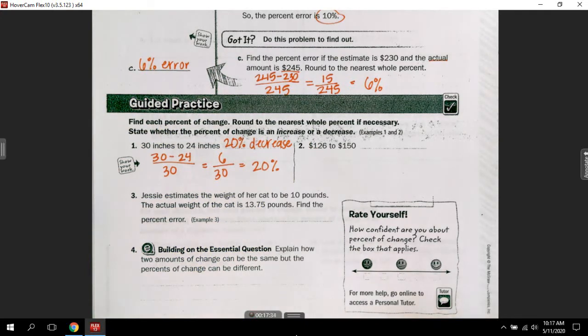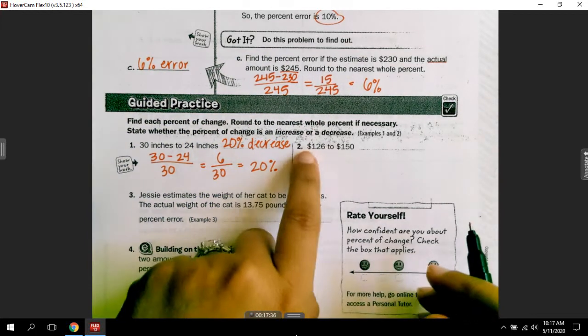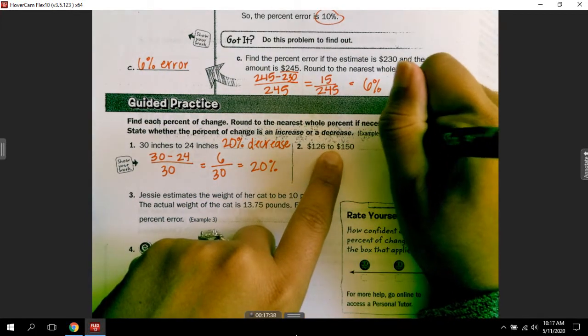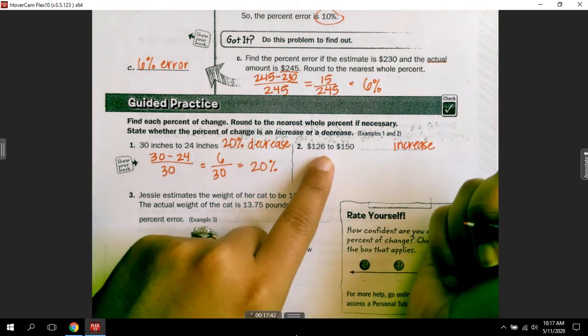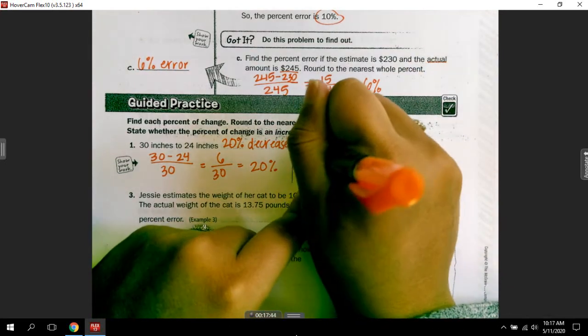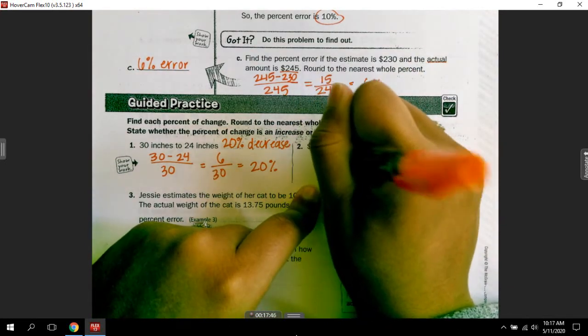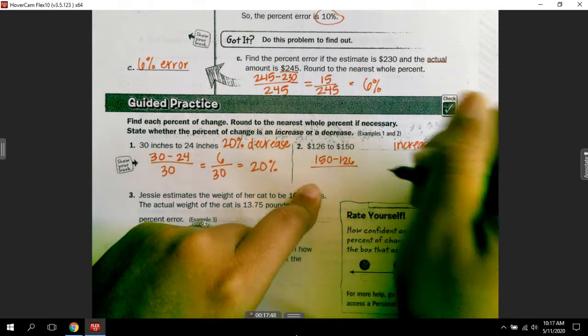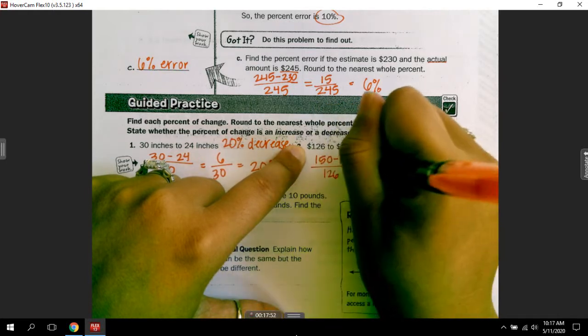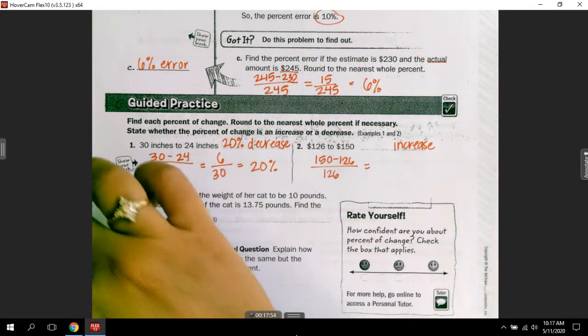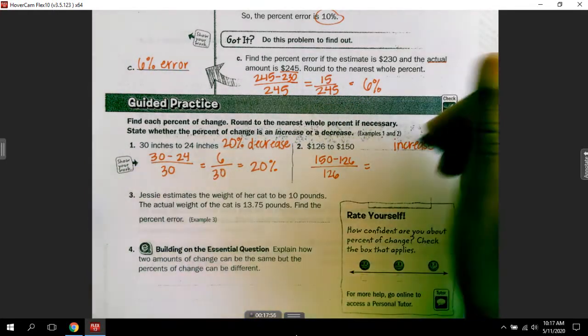Okay, number 2, we're going from 126 to 150, so it's getting larger, so I know that this is going to be a percent of increase. So in this case, I want to do 150 minus 126, and then the original is 126, so you're dividing by that. 150 minus 126 should be 24.